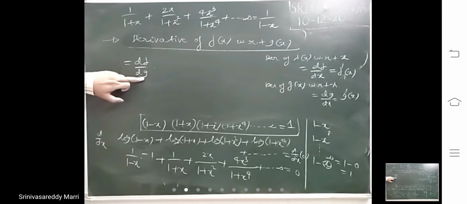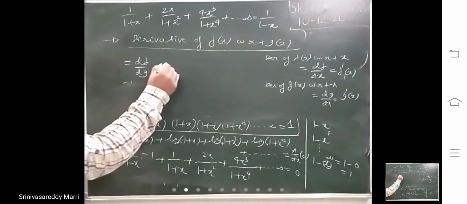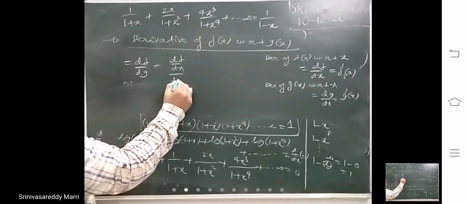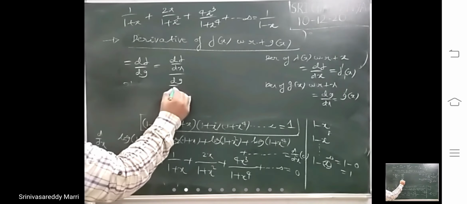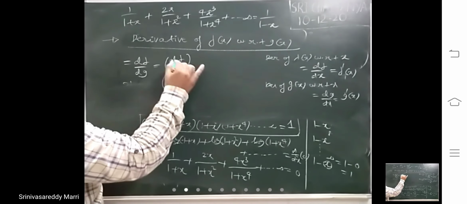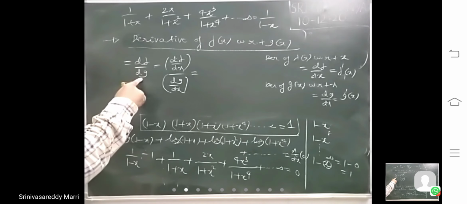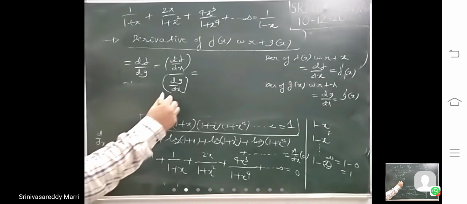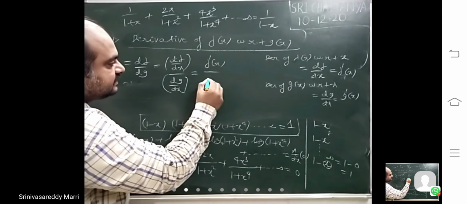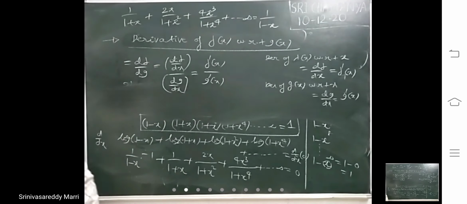Derivative of f with respect to g means df by dg he wants. This is nothing but df by dx divided by dg by dx. This is nothing but f dash x divided by g dash x.